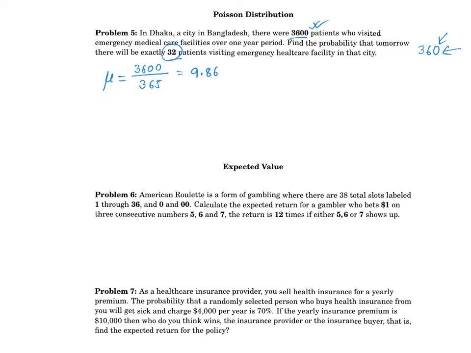So what it is, of course, it's still countable. You can count them 1, 2, 3, 4, and you know how many have happened in the past, but you don't know how many are likely to happen in the future. So on the average over the last year, we know that about 9.86 or roughly about 10 patients visited the emergency care facility every day, correct?